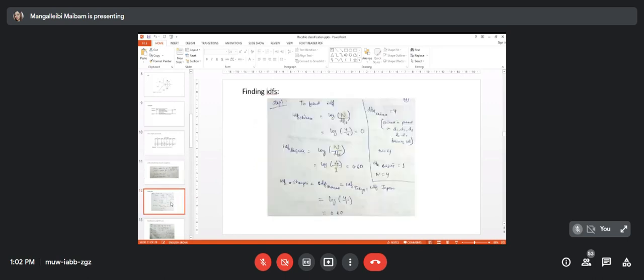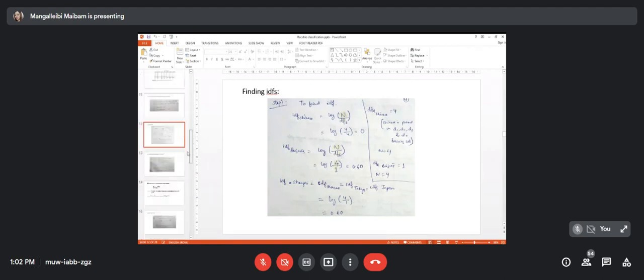Now the first step is to find the IDF. For IDF, the formula is log N by DFt. DFt is the document frequency, and TF is the term frequency. IDF calculation we have already done, so for the respective terms we have calculated the IDF values.